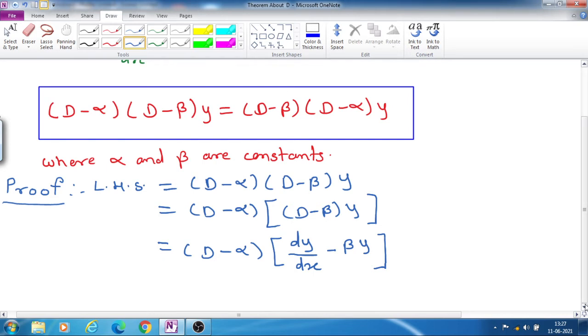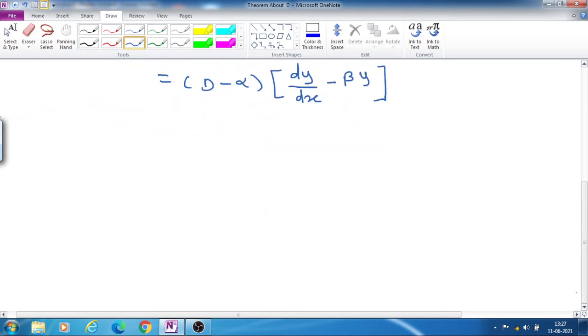So this is equal to (D minus alpha) of dy by dx minus beta y.